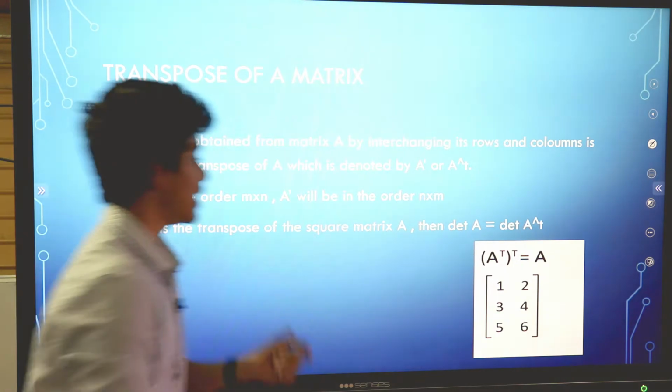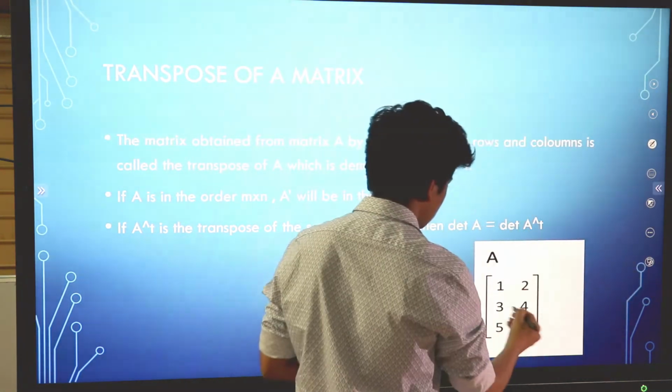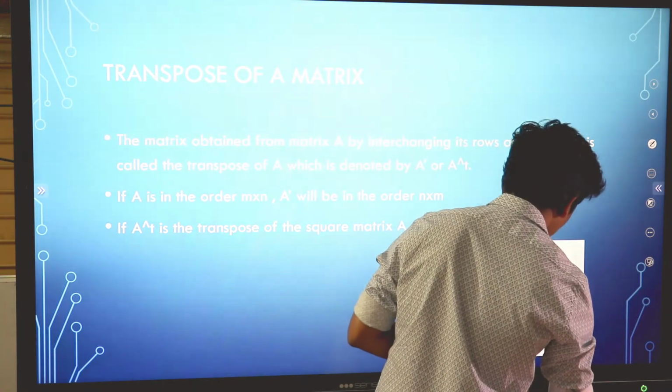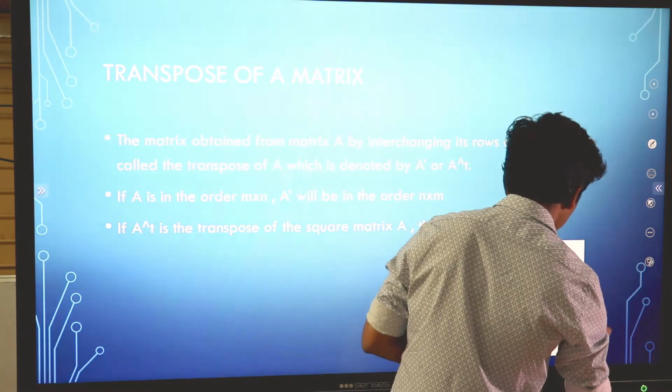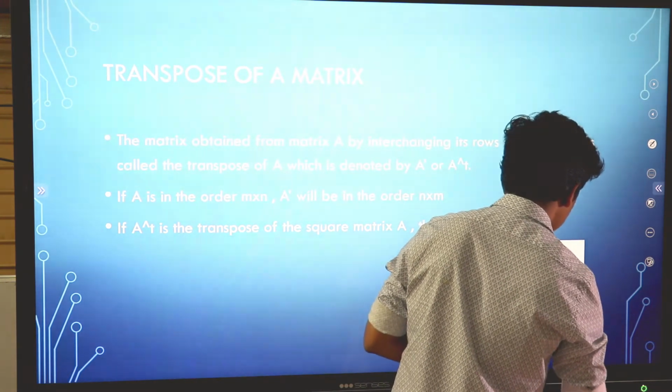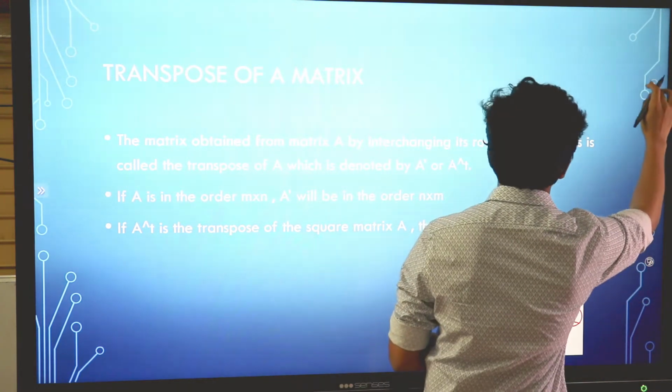If the order of this is m into n, which is 2 into 3 right now, the transpose becomes 3 into 2. 2 into 3, 3 into 2. That is how it changes.